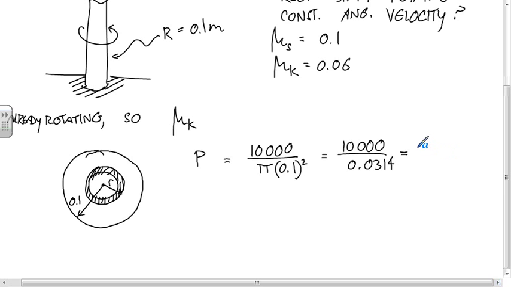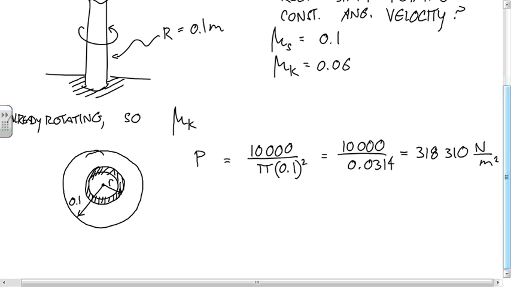Or wait, 318,000. 310, call it. And what are the units of pressure? Pascals or newtons per meter squared. The SI units is pascals, but let's think of it this way because that's going to help us as we go through this derivation.